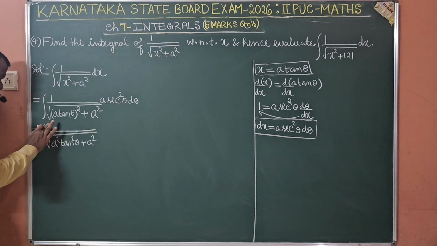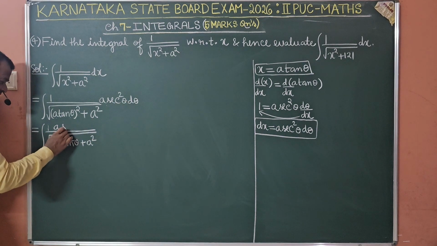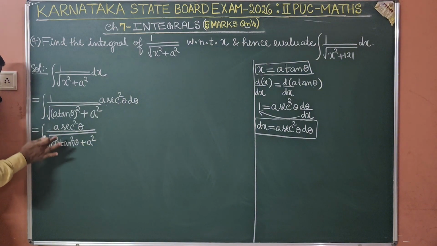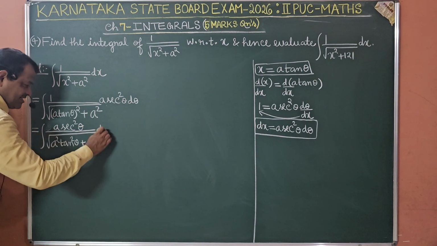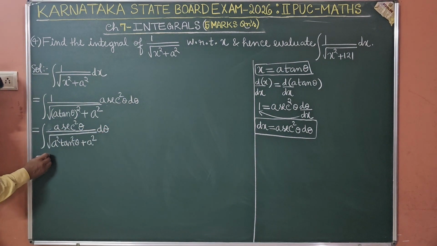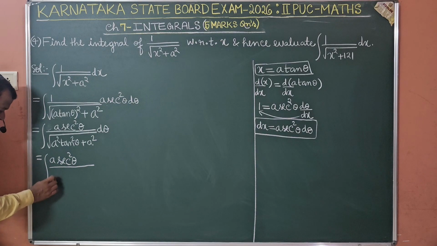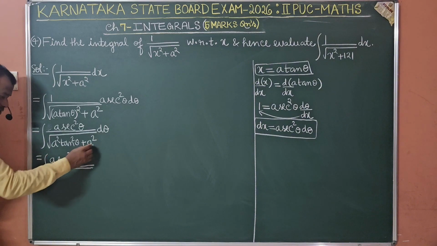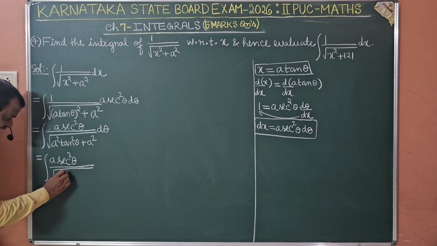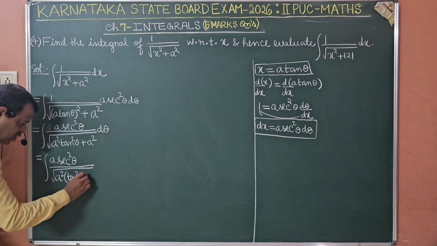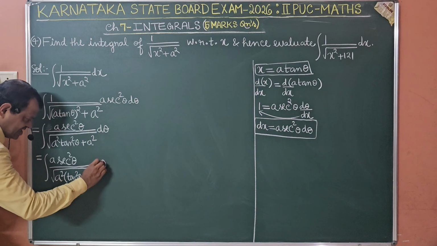This 1 into a secant square theta, I will write here a secant square theta, and this d theta as it is. Therefore, this is the integration of a secant square theta divided by square root of, a square common, and in bracket tan square theta plus 1, remaining d theta.